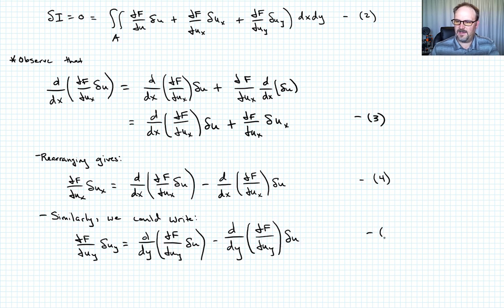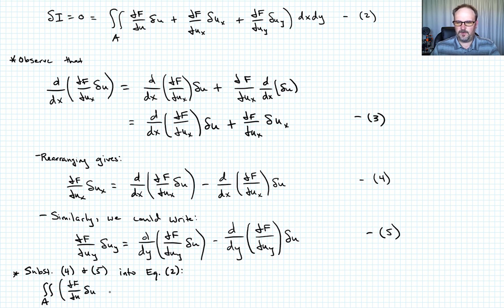Call that equation 5. So what we want to do now is substitute equations 4 and 5 into equation 2. When we do that, we have the integral over the area of the quantity, and this first quantity is unchanged, so this is partial f with respect to u times delta u, right?